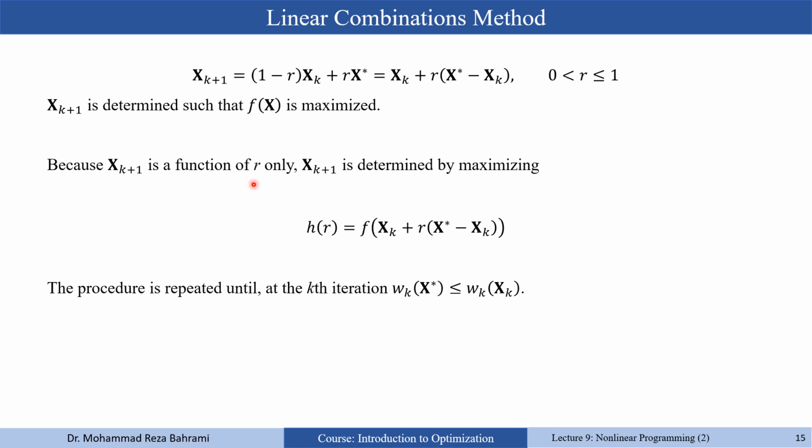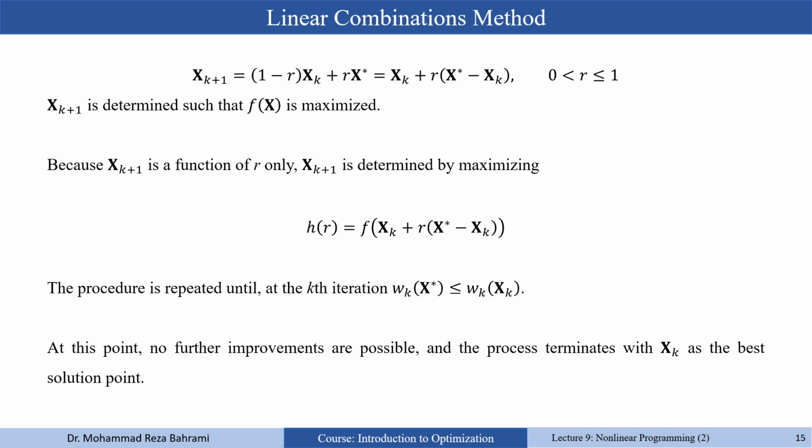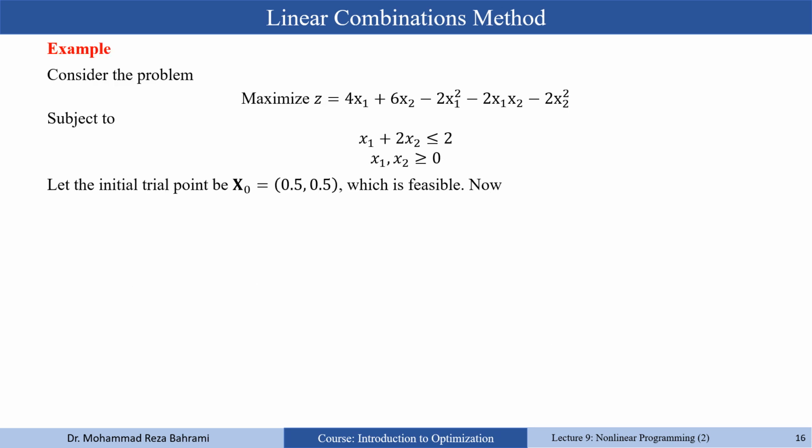So we repeat the process till the iteration where we reach the following: x optimal less than or equal to xk. At this point, there's no further improvement, and you can say that we reached the best solution of this. Let's have an example.